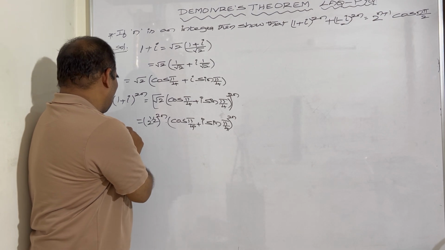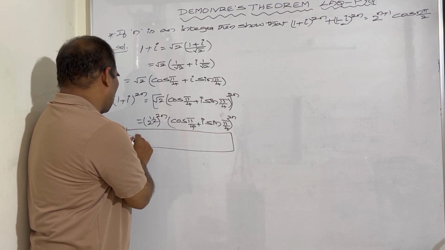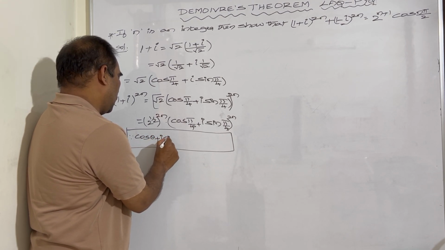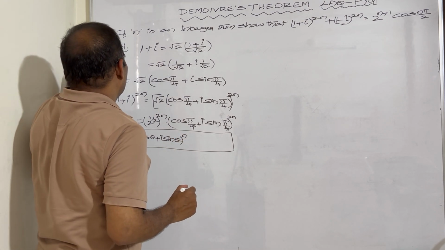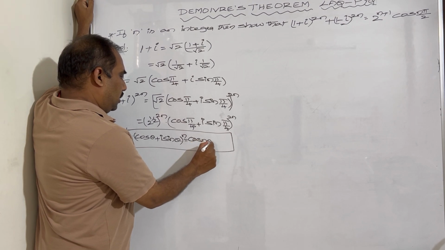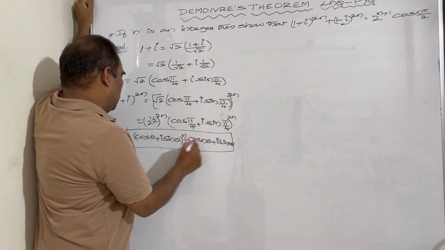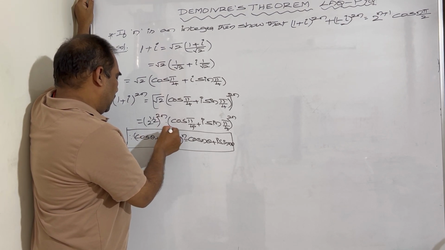So we know De Moivre's theorem: (cos θ + i sin θ) whole to the power of n is equal to cos nθ + i sin nθ. When you apply De Moivre's theorem, θ is multiplied by n.